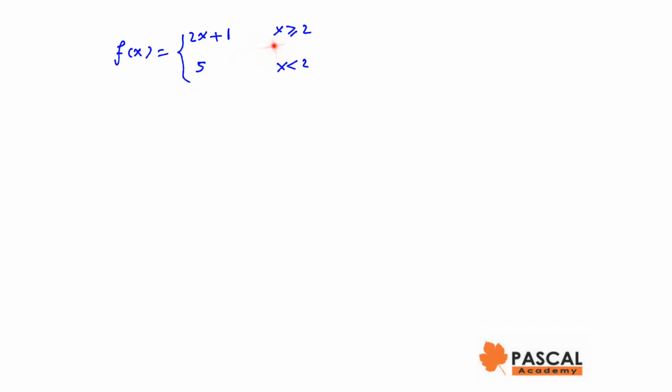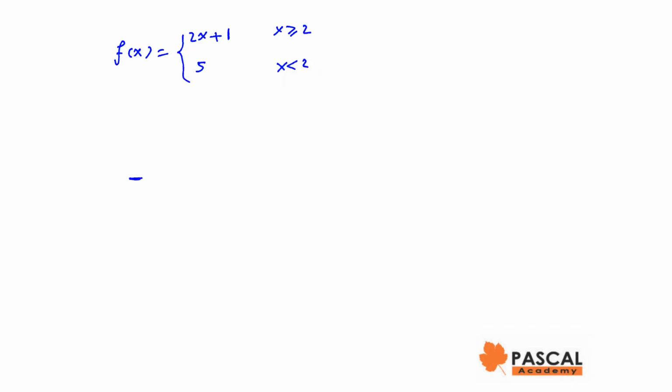For x greater than 2, it's a linear function, it is continuous. And at 2, it is continuous because the left side limit, the right side limit of the function and the value of the function are the same. Therefore, this function is always continuous.